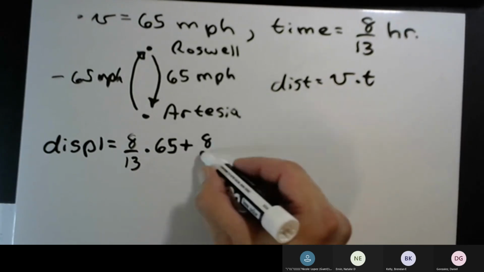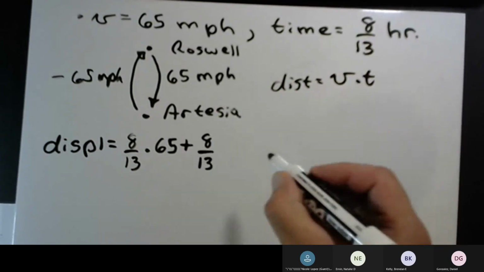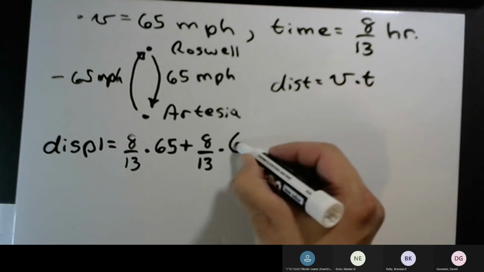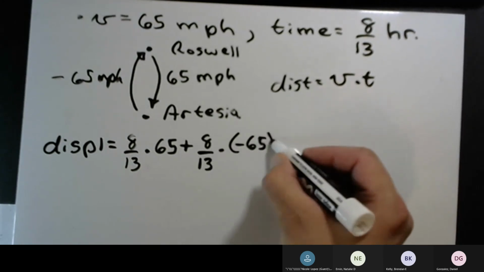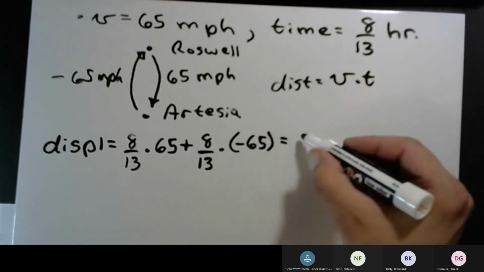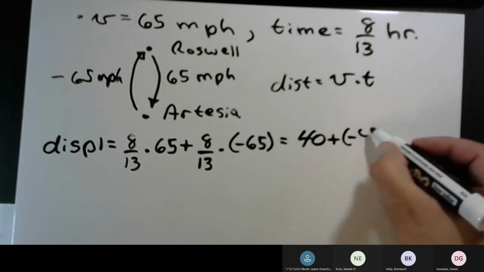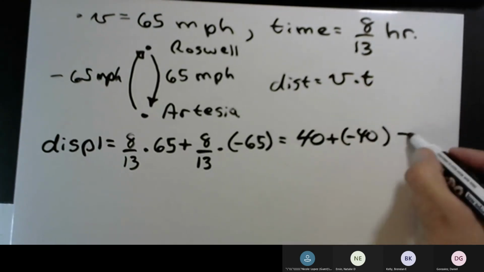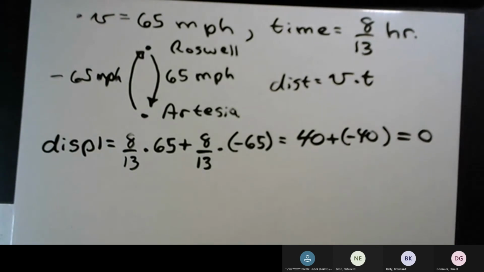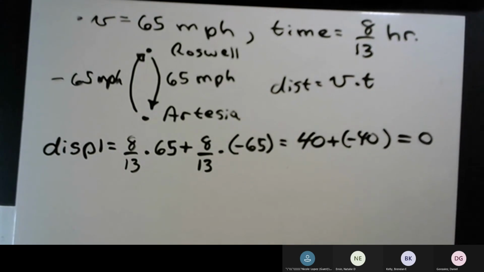And that gets us to Artesia. And then we have time times the other velocity. Well, this will give us 40 plus negative 40, or 0. Now, that's displacement or distance traveled.